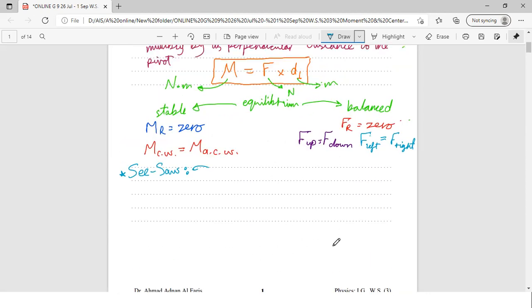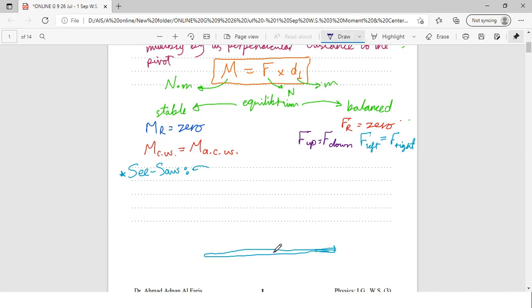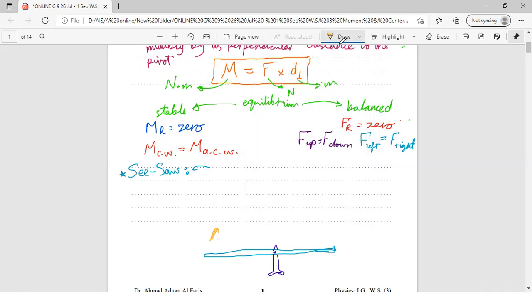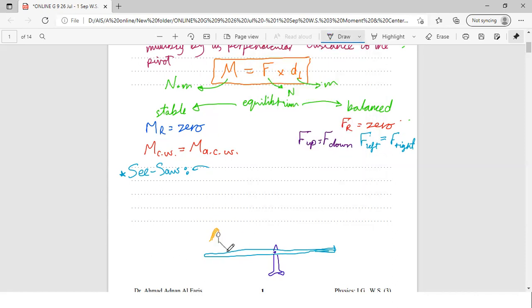For example, if this is the plank or the seesaw, forget my handwriting, my drawing. It's not that clear by this pen. Tamam. If this is the seesaw and this is the pivot, and we have a small lady here, that's her hair, that's her hands, her feet.